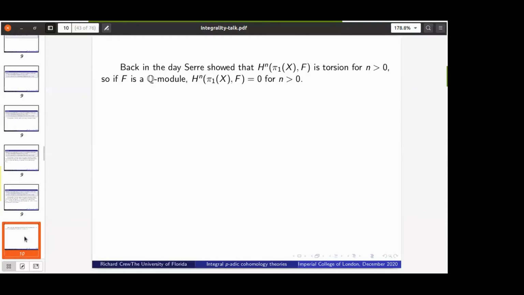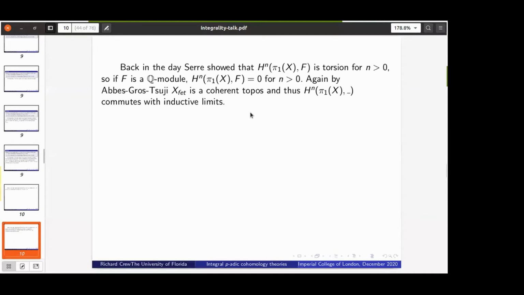Back when I was a youngster, Serre showed that H^n of pi_1 with coefficients in F is torsion for all positive values of n. So if F is a Q module, then these groups actually vanish in positive dimension. And again, by Abbes, Gros, and Tsuji, the finite étale topos is a coherent topos.